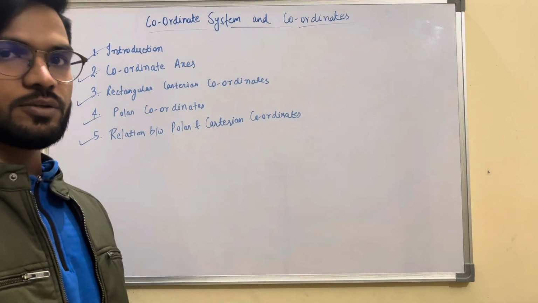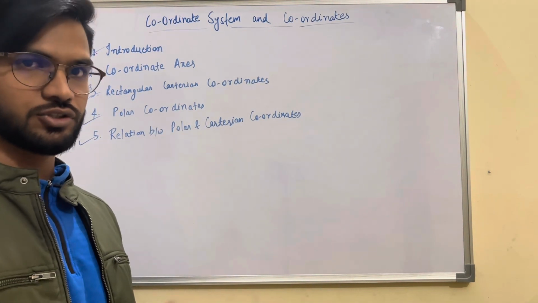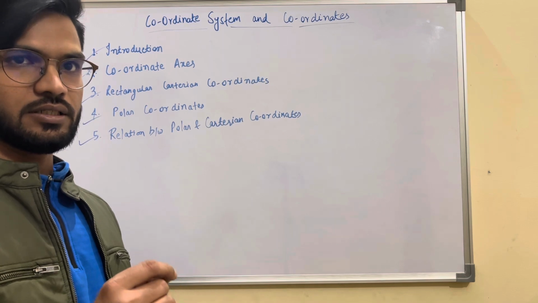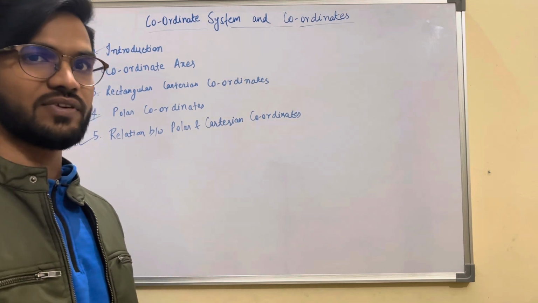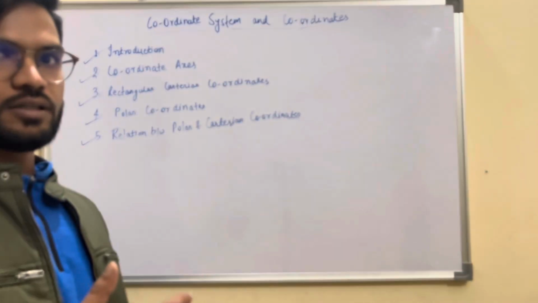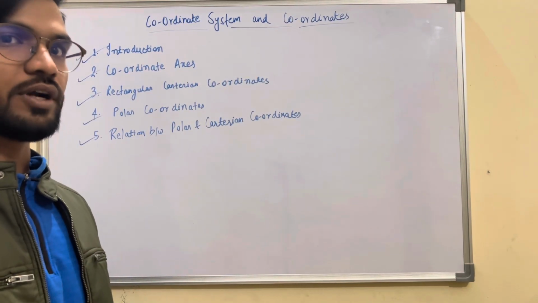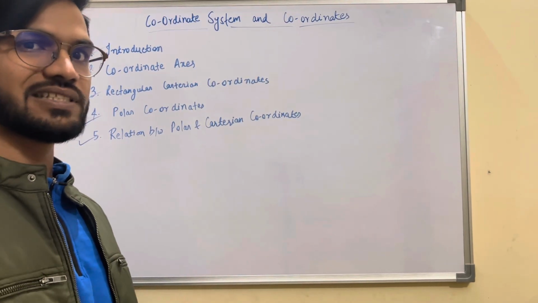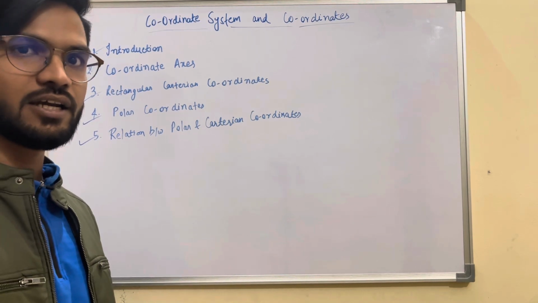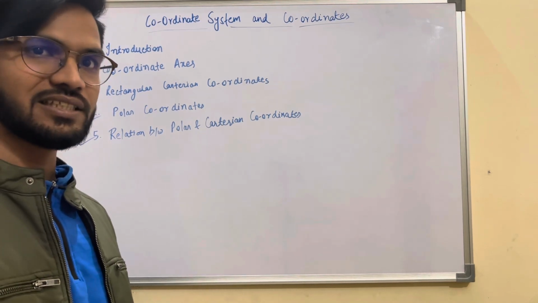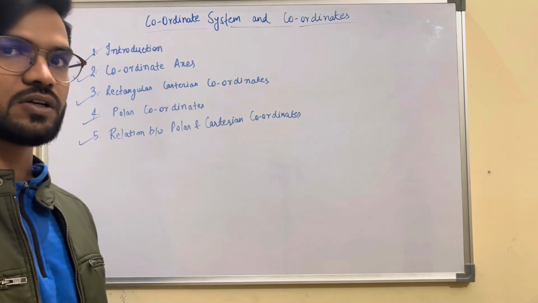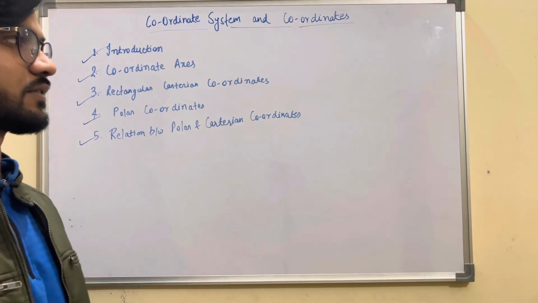The position of a point is determined with the help of two reference axes, which are called coordinate axes. If these two reference lines intersect each other at a right angle, then it is called a rectangular axis, and if it is not a right angle, then we call it an oblique axis.